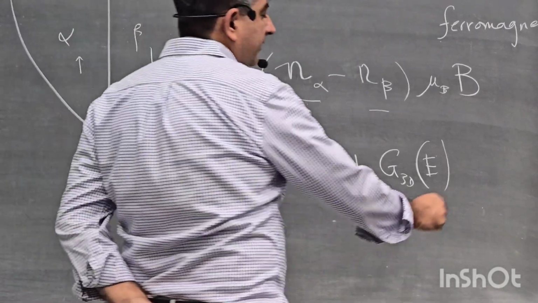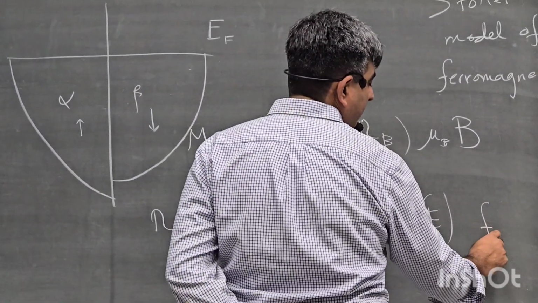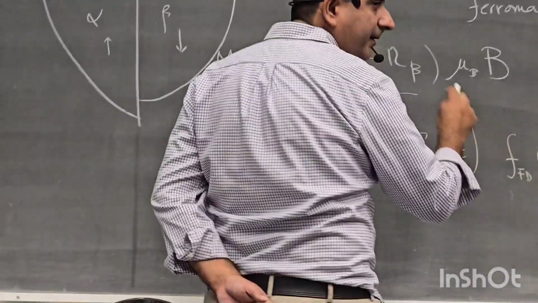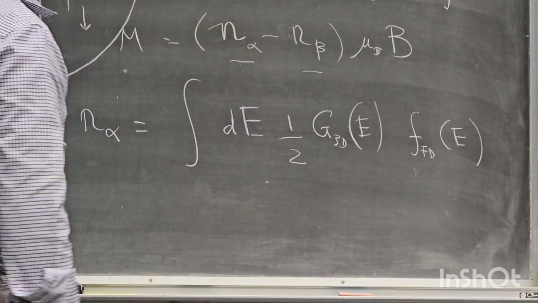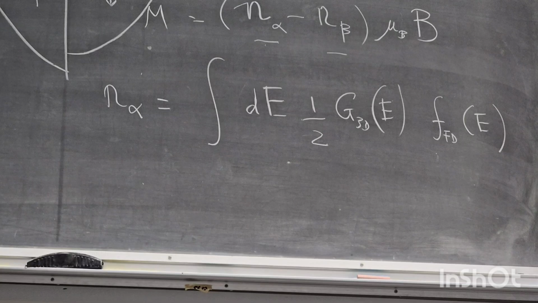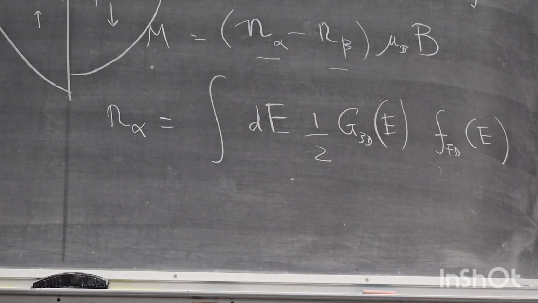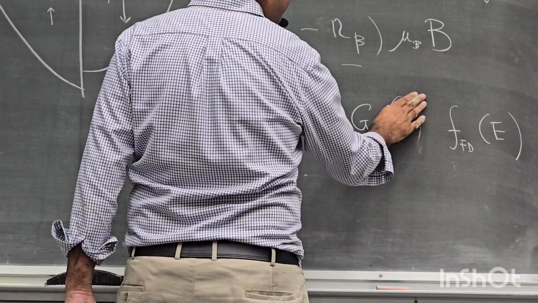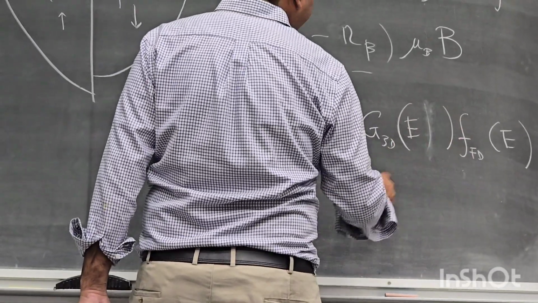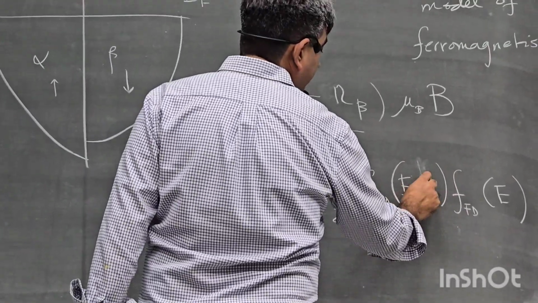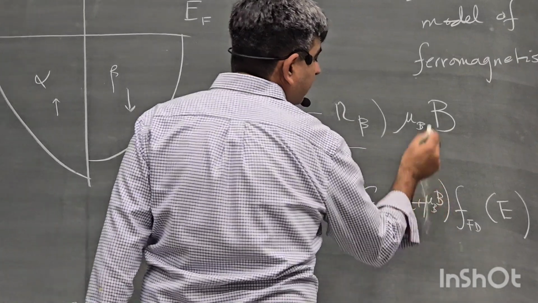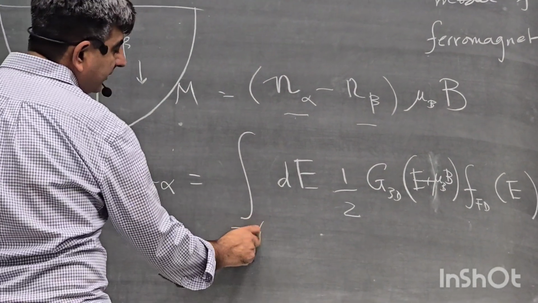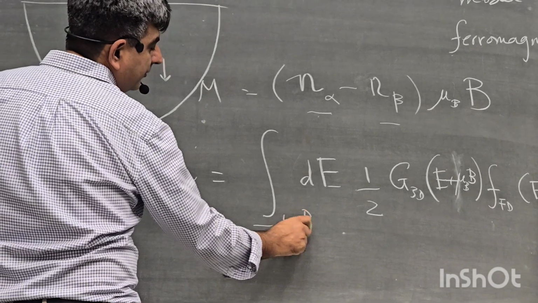You need the Fermi-Dirac distribution function. That's it, right? And your energy E has to be replaced by E plus U d P, right? And this integral now is from minus U d P to EF.